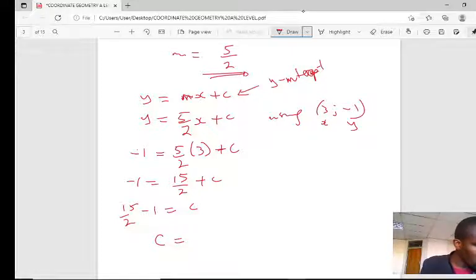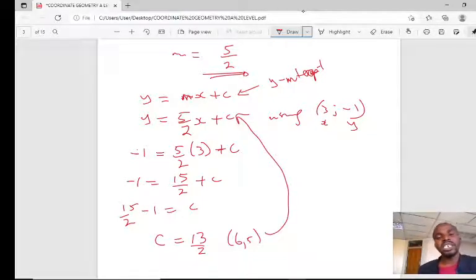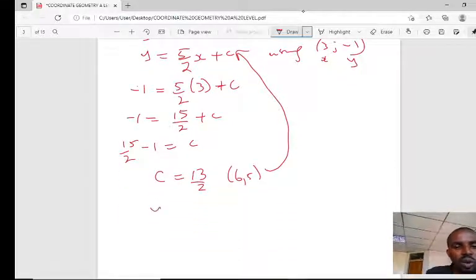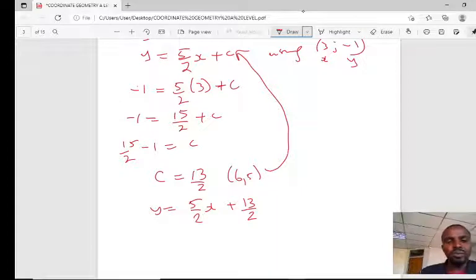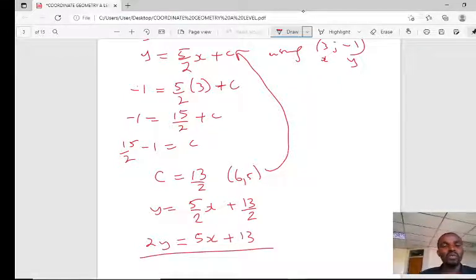You get 6.5, or 13 over 2. Still the same. Then you replace the value of c here and you get your equation: y equals 5 over 2x plus 13 over 2. You can remove the 2 by multiplying everything by 2. It will be 2y equals 5x plus 13. Then you are done. That will be the equation of the line.